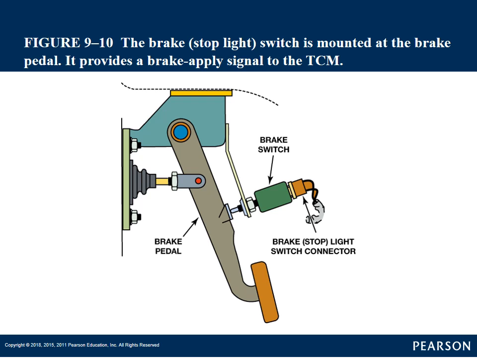Here's just a picture of a generic brake switch. It's located up by the actual brake pedal. It's a mechanical switch. When you push down on the pedal, that either opens or closes a circuit to tell the computer that the brake pedal is pressed.